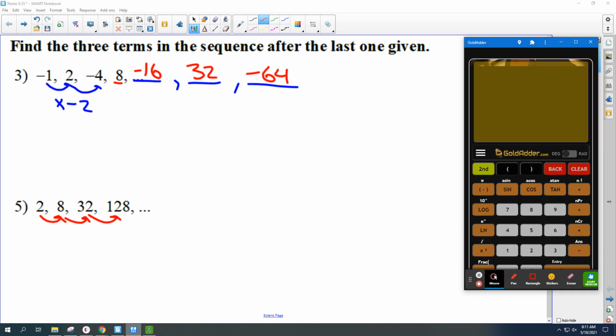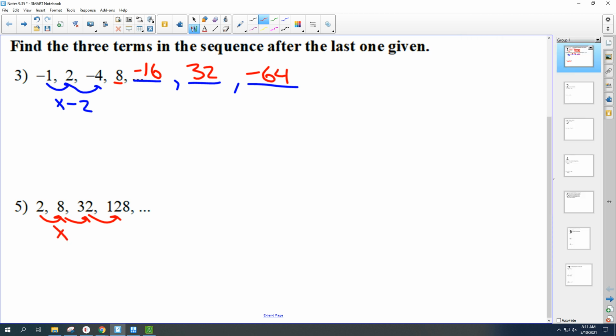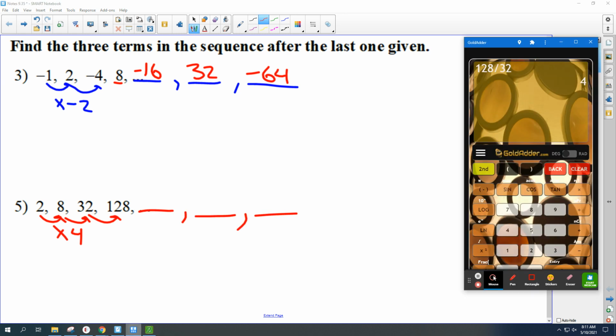So if I do 128 divided by 32, it's 4, but you could probably see that anyway. Times 4. Times 4. So next terms, I'm going to multiply by 4.